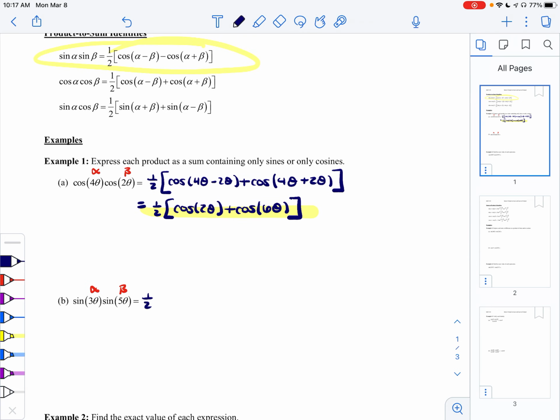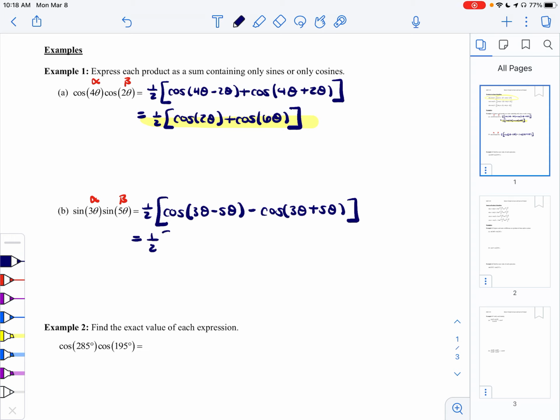So this is going to be 1/2 times the cosine of 3 theta minus 5 theta minus the cosine of 3 theta plus 5 theta. Combine my like terms. So 1/2 times the quantity cosine of negative 2 theta minus the cosine of 8 theta.